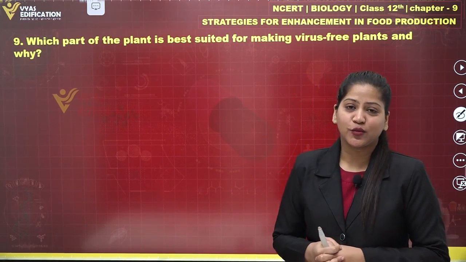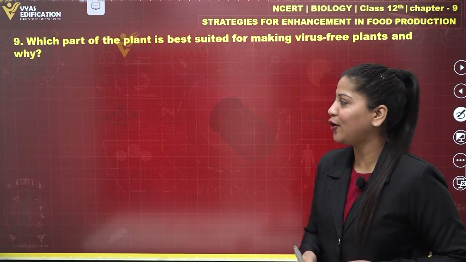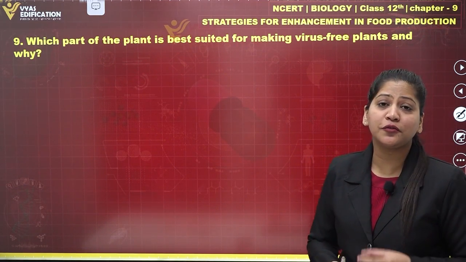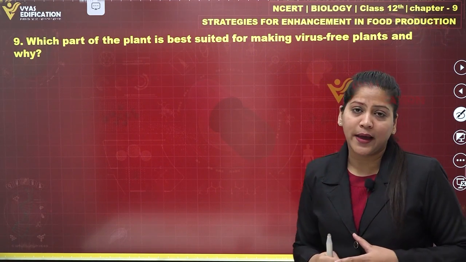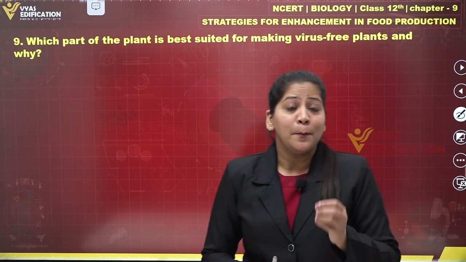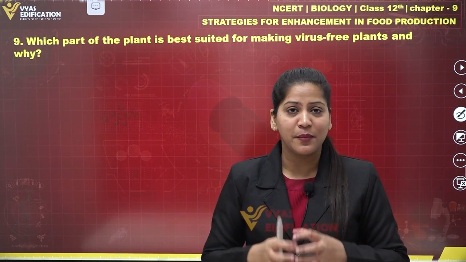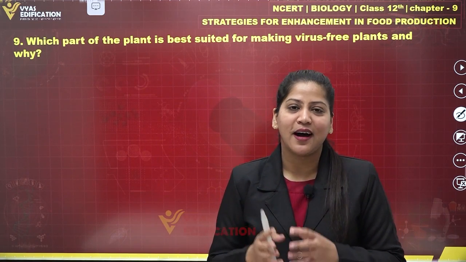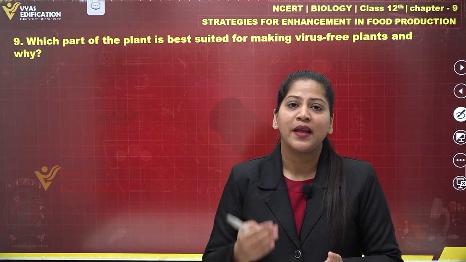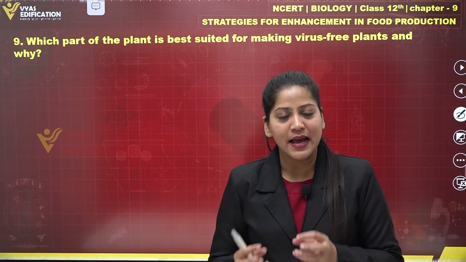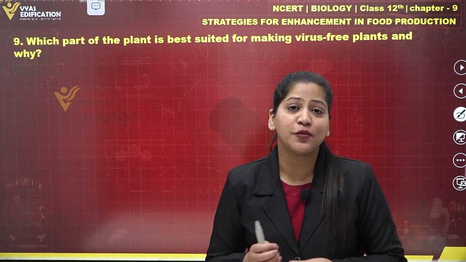Now let's talk about the next question, question number 9. In this question we are asked which part of the plant is best suited for making a new virus-free plant and why. So the apical meristem and axillary meristem of the plant are the best parts to make a virus-free plant.